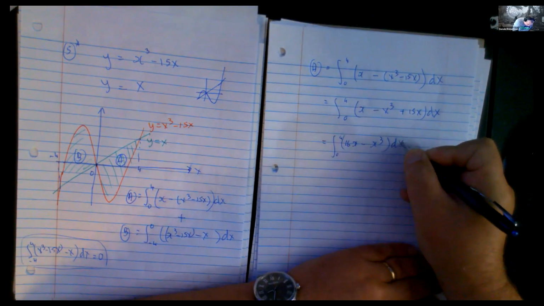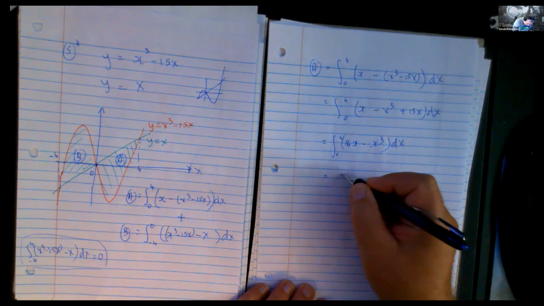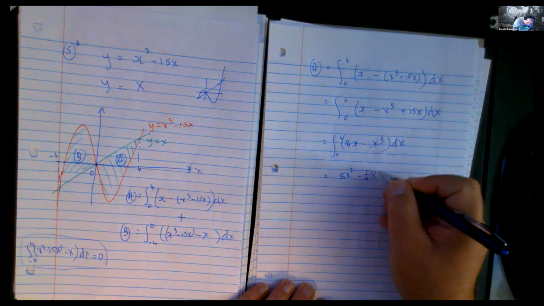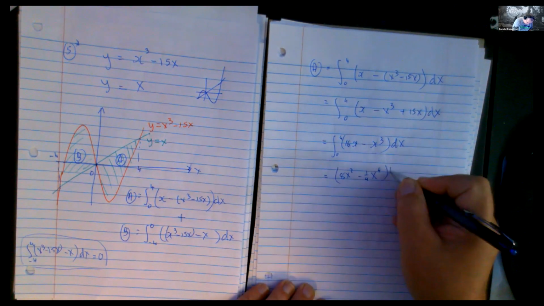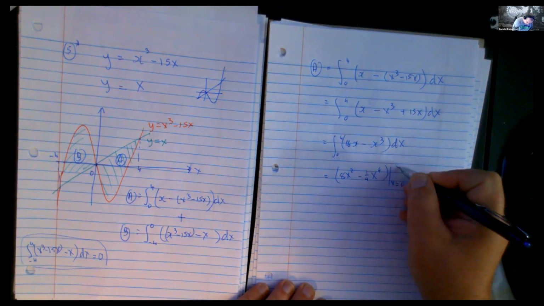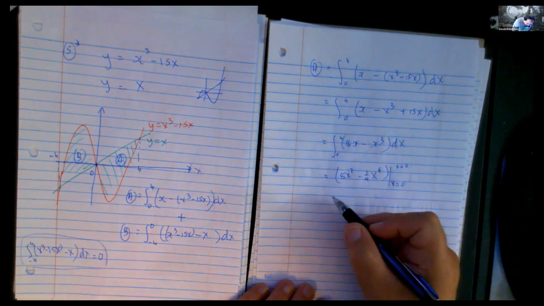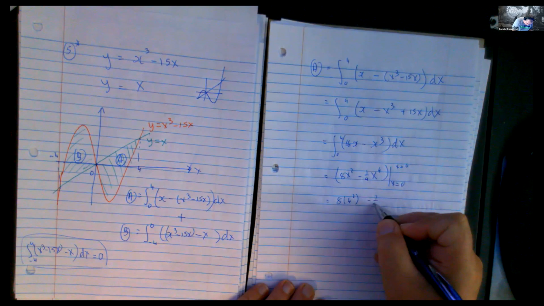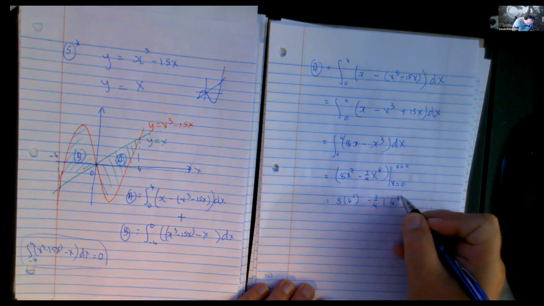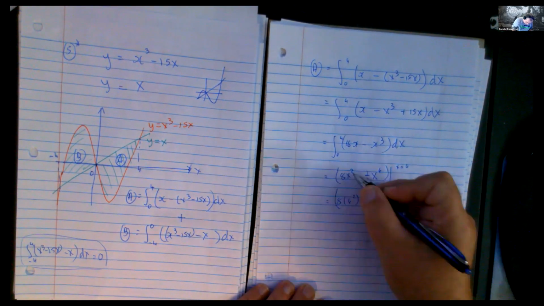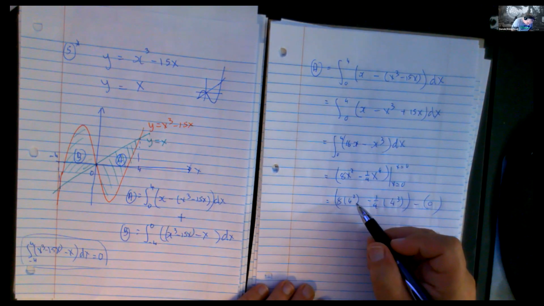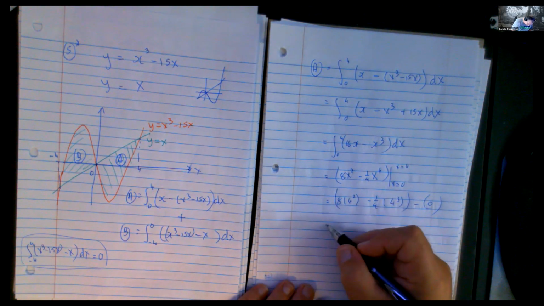Just do the power rule on it. Add 1 to the power, divide by the new power. Add 1 to the power, divide by the new power. That's going to be a bit messy, but I'll try it. 8 times 4 squared, take away 1/4 times 4 cubed, take away a whole load of nothings. 4, 16, 64, 128.